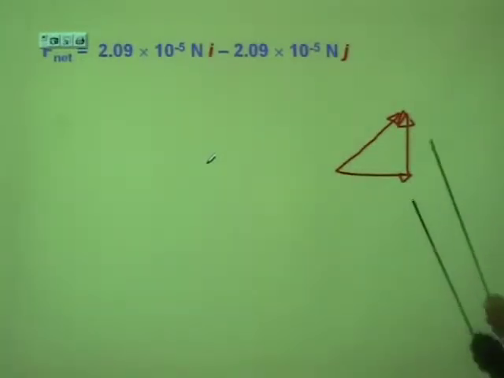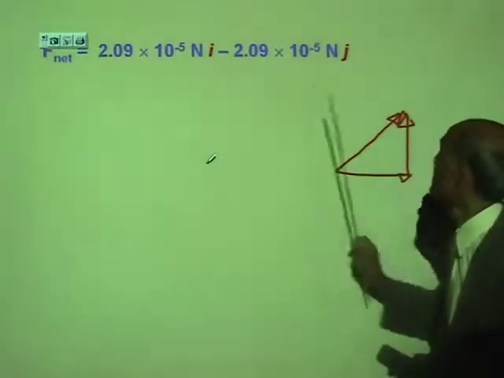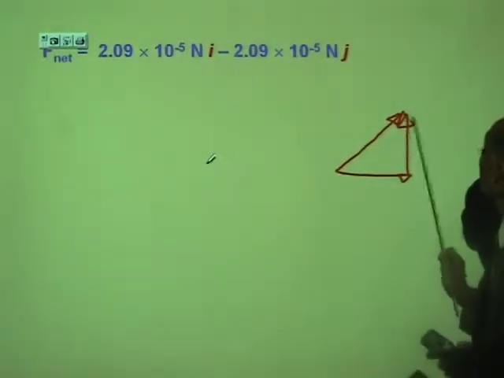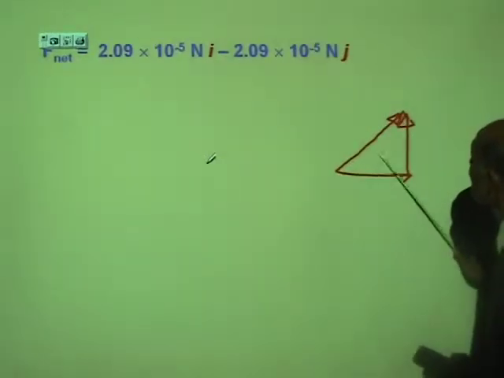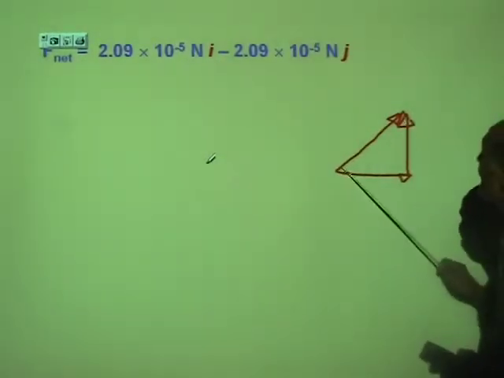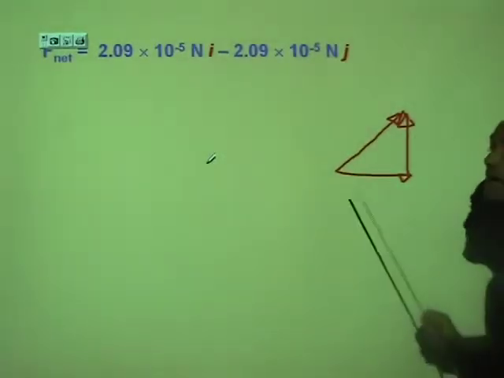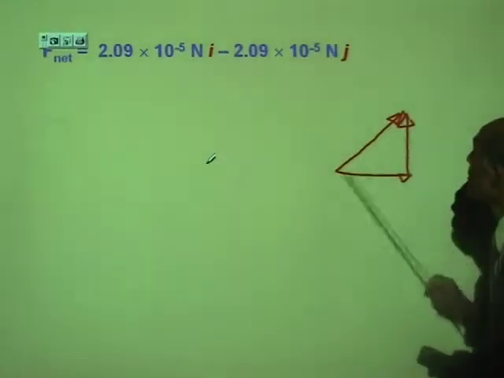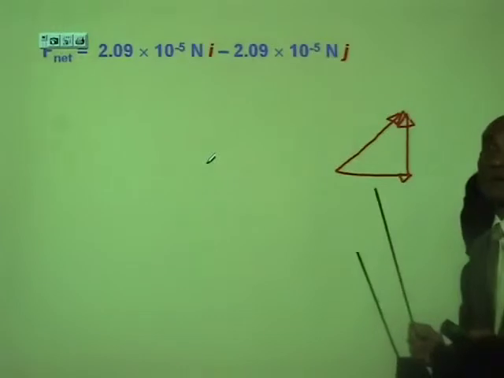We discussed all this in Physics 1. If this is the x component, which is that value, and this is the y component, which is that value, the resultant vector will be that. And the length of that will be square root of x squared plus y squared.